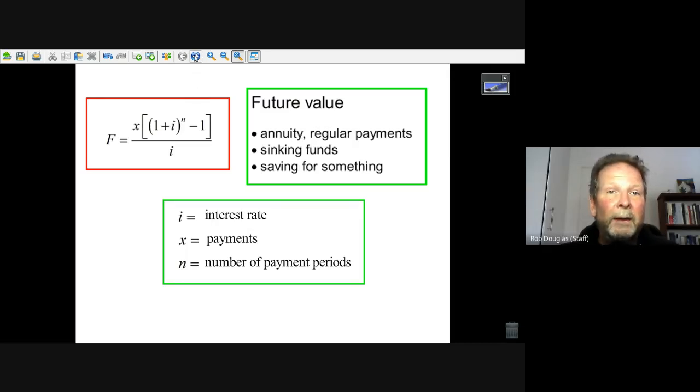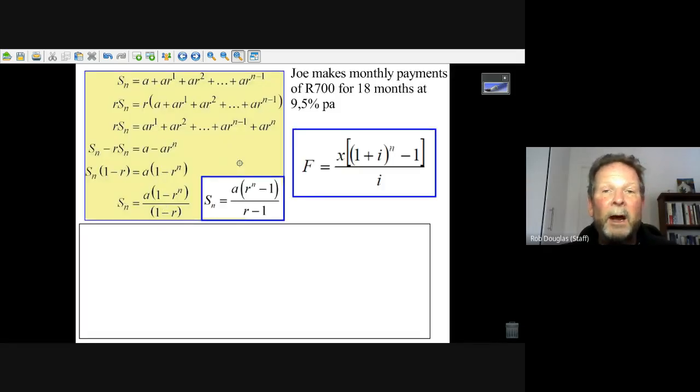Thinking about the whole future value formula, it actually comes from a geometric series. That's a geometric sequence that's added up. If you start with any value a, that's your first term. If you multiply that value by some common ratio, you'll get your second term, a times r to the first power.